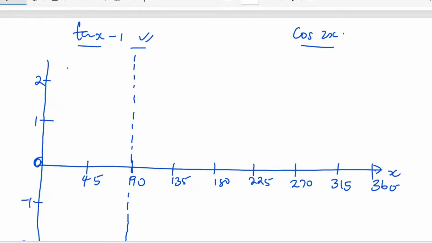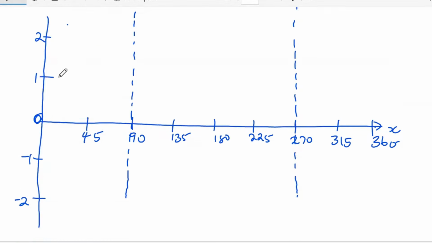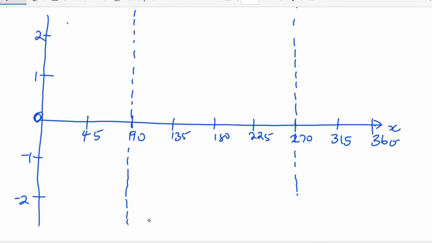I also have an asymptote at 270, and that is for the tan. Then, when x is 0, I'm getting a -1. When x is 45, that's 1 minus 1, which is a 0. So this graph should just be moving in this sort of direction.